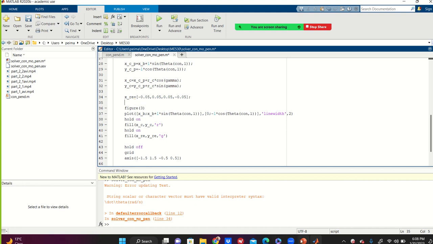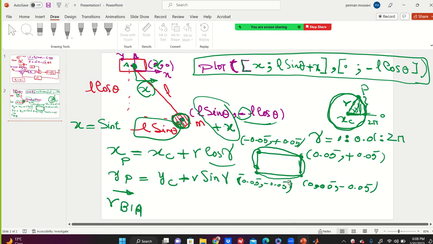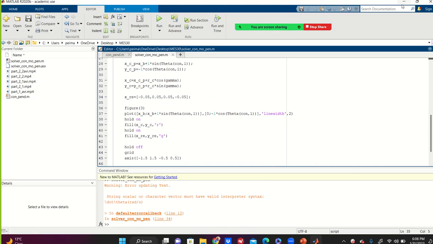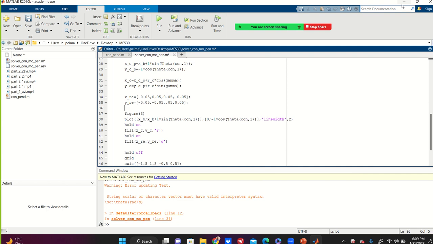Bingo. Look at here, guys. Minus, plus, plus, minus is x. We can tune later. Y of that is minus 0.5, minus 0.5, plus 0.5, plus 0.5. Here we go.